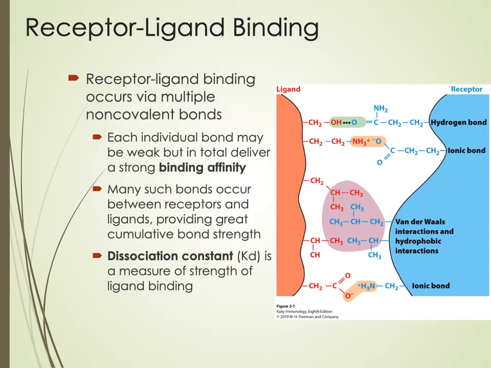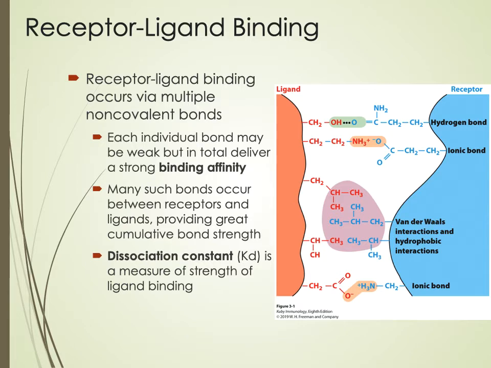So again, binding affinity is how strongly the receptor is going to bind to its ligand. Obviously, if we were to change some of the amino acids on the receptor or on the ligand, this could affect binding affinity, either making it stronger or weaker. And one of the things we'll talk about later on is how these receptors can change.